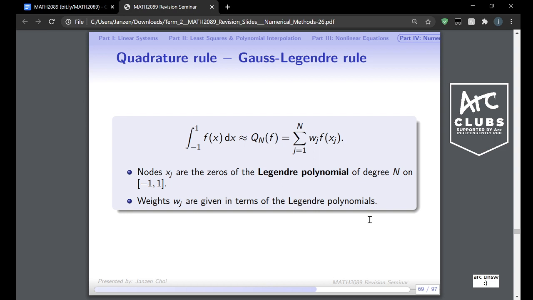Cool. For the Gauss-Legendre rule, the xj values are not separated by equal intervals; they are zeros of the Legendre polynomial of degree n on this interval here. This rule relies on the bounds of the integral being minus 1 and 1, so we do have to do something about that, which we will discuss in a bit.